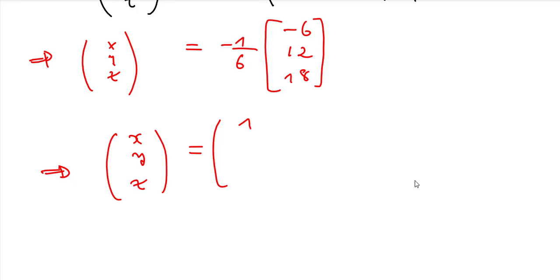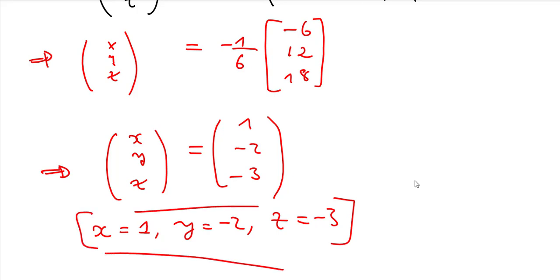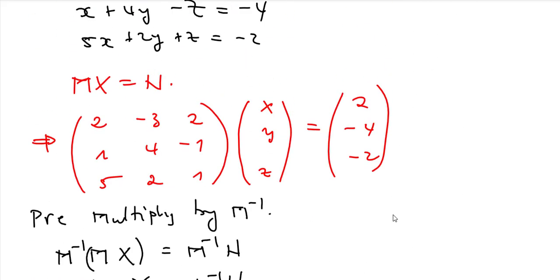Negative 1 on 6 times 12 is negative 2. Negative 1 on 6 times 18 is negative 3. Now from equality of matrices, x will be equal to 1, y equal to negative 2, and z is equal to negative 3. So this is the solution to the system of simultaneous linear equations: 1, negative 2, negative 3.